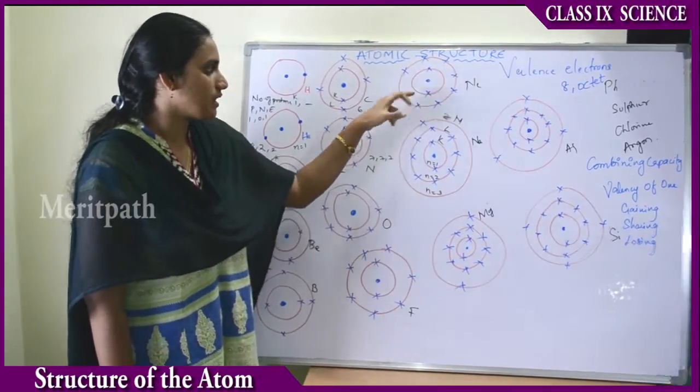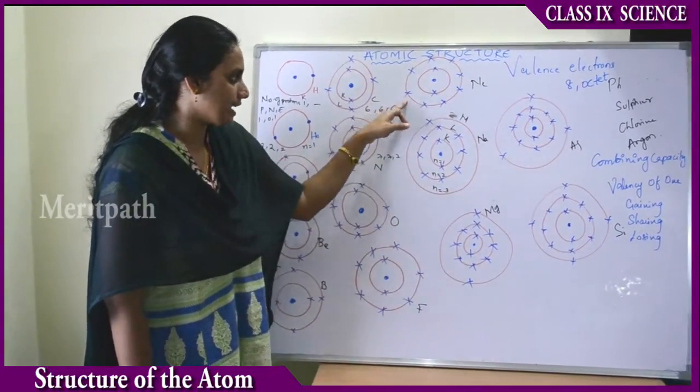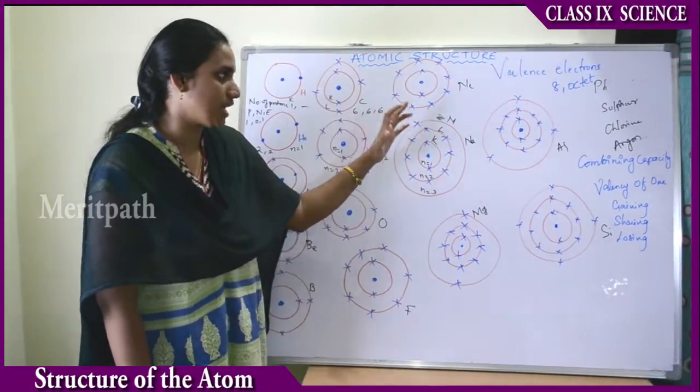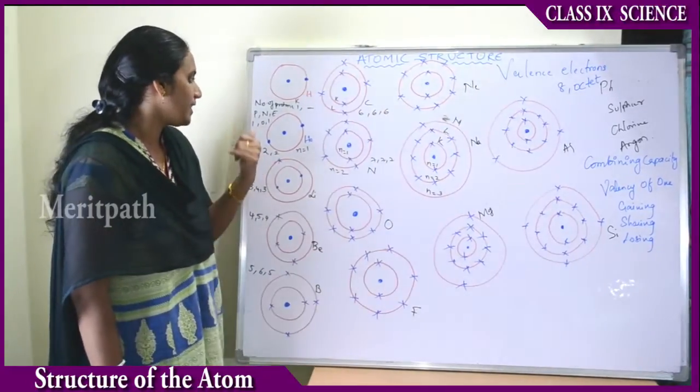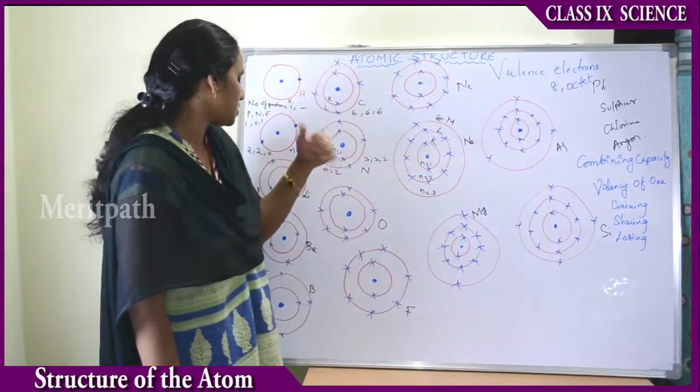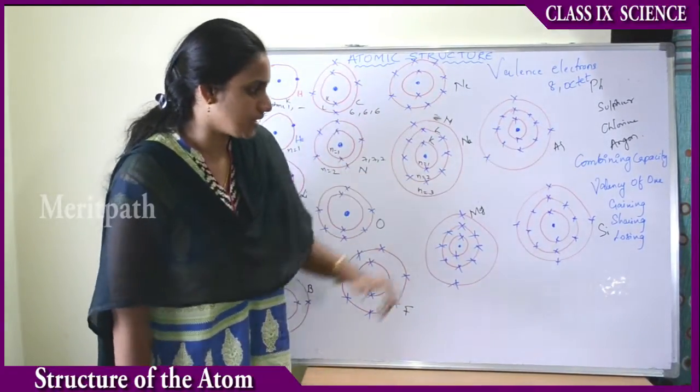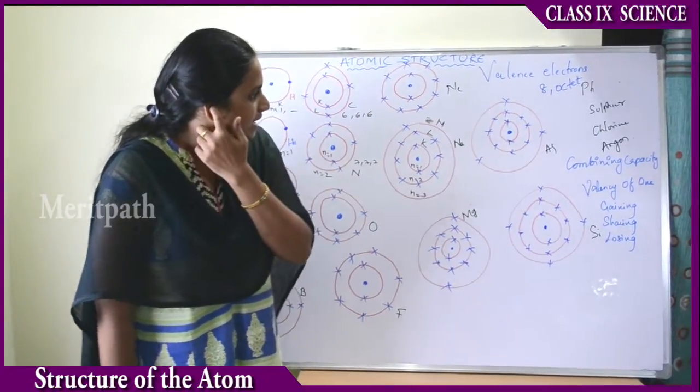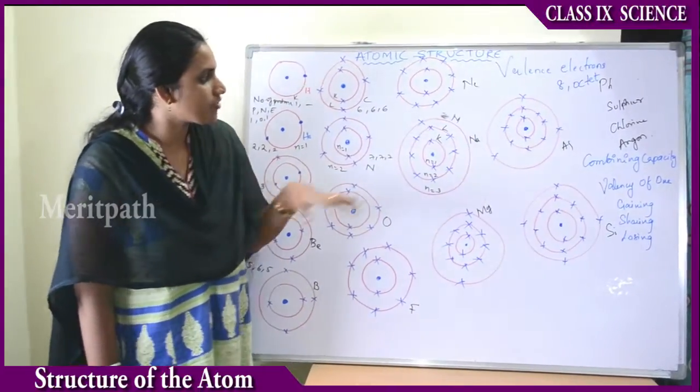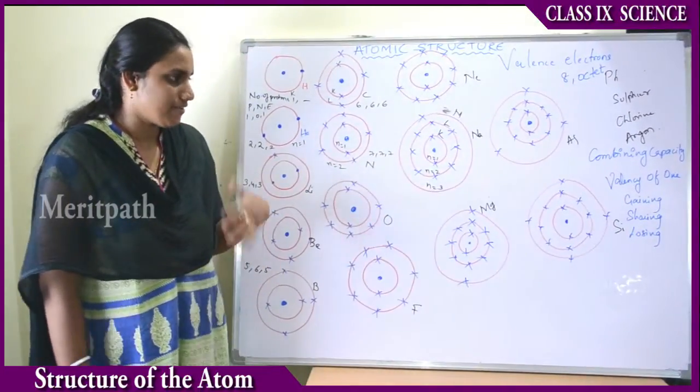The elements filled with 8 electrons in the outermost shell are known as inert gas elements, and they are helium, neon and argon. And we will be seeing the combining capacity of these electrons and the valency nature.